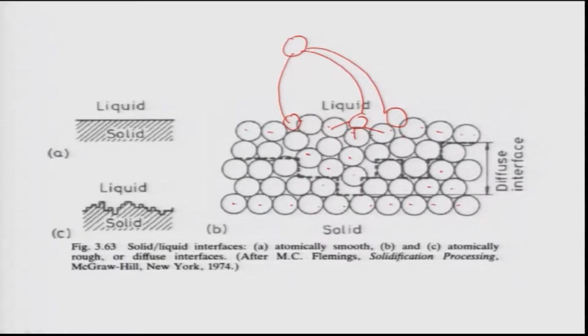Then slowly this atom can migrate, because the temperature is very high and the surface is in contact with the liquid, the diffusion is very fast, diffusion coefficients are very large here. So this can easily migrate and reach these places. While it is travelling, it can easily occupy these positions nicely and all bonds can be satisfied. Therefore in atomically rough surfaces or diffuse interfaces, there are a large number of places where the atom can easily jump and sit and become part of the solid.